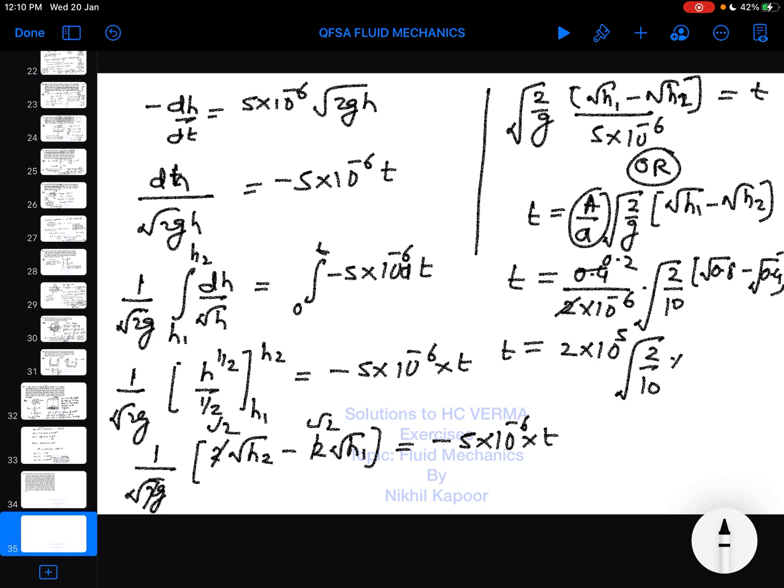Root 2 by 10 into the root of 0.8, that can be calculated.